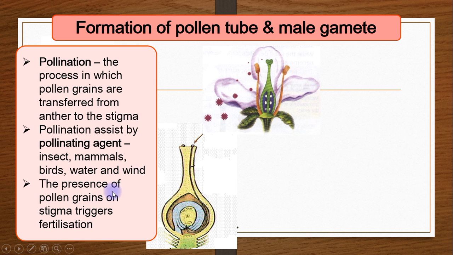The presence of the pollen grain on the stigma triggers fertilization. So this is the pollination process whereby the pollen grains are transferred from the anther to the stigma. Once the pollen grain sticks on the stigma, it will trigger fertilization.